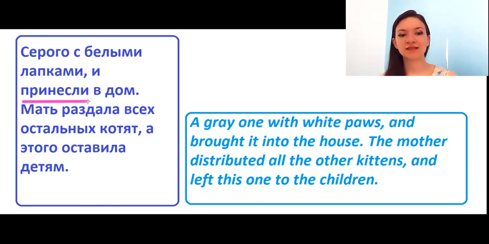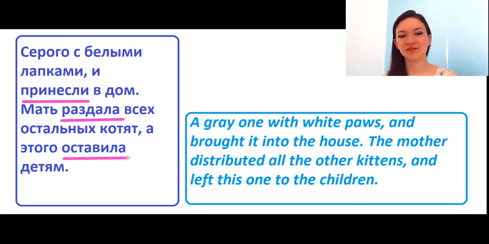Мать раздала. Раздала. She distributed all the kittens. Yeah. Again, a finished action that happened only once in a specific situation. Yeah. It's perfective. А этого оставила детям. The same story. It's a sequent.